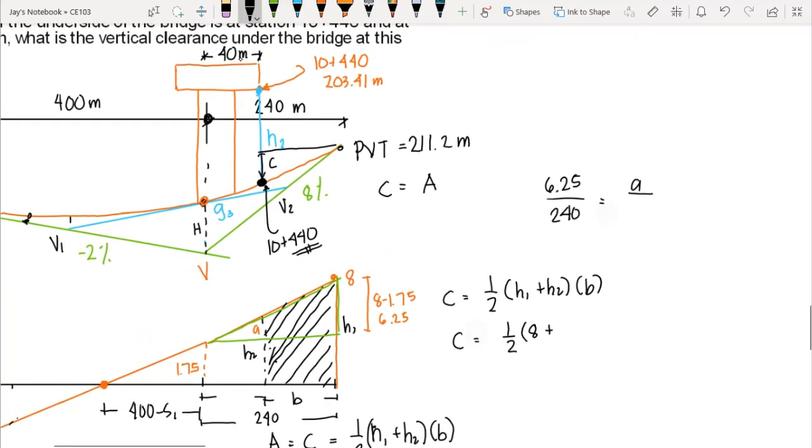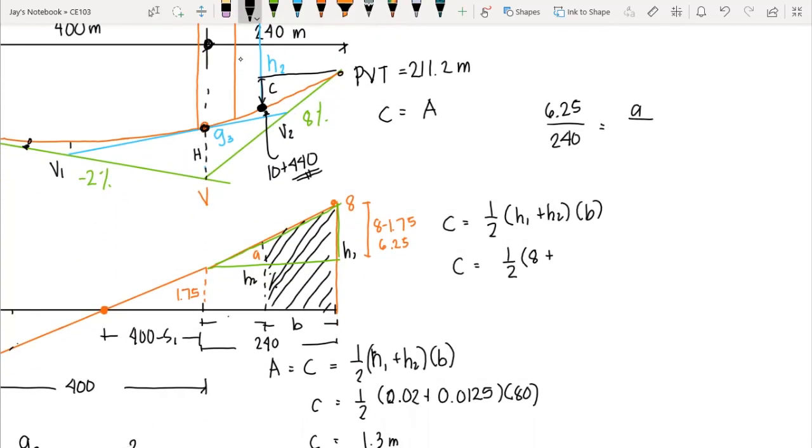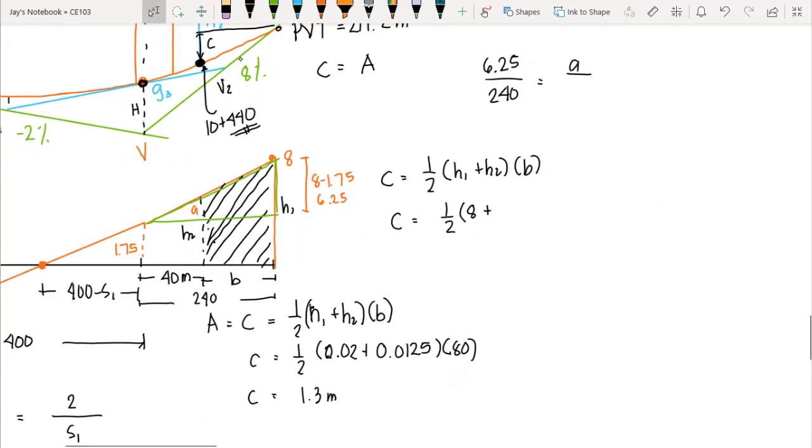That means we have 40 meters from the vertex. So that's A over 40. Therefore our A here is equal to 1.042. That is our A.